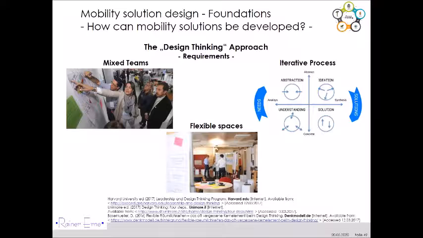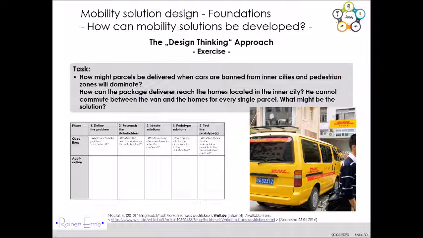So, in order that you get a grip on the design thinking approach, I'd like you to do one exercise.